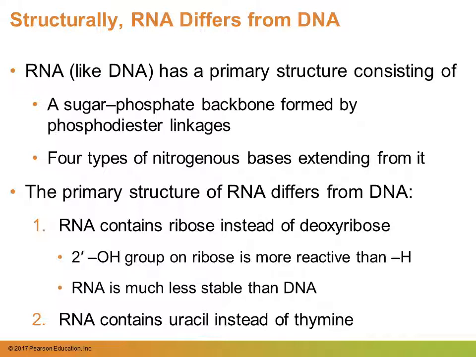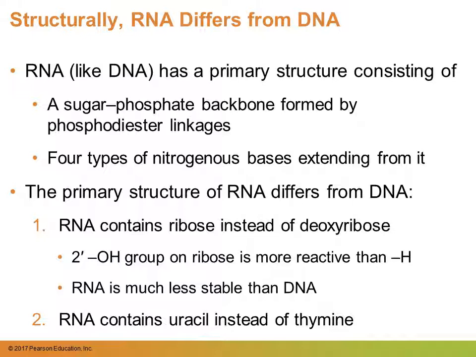RNA, like DNA, has a primary structure, and that primary structure is the order of its nucleotides. And just like DNA, it has a sugar phosphate backbone, and then the steps to it are the nitrogenous bases. But keep in mind that DNA is double-stranded. On the other hand, RNA is a single strand.